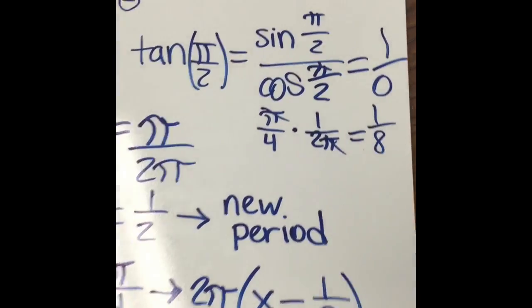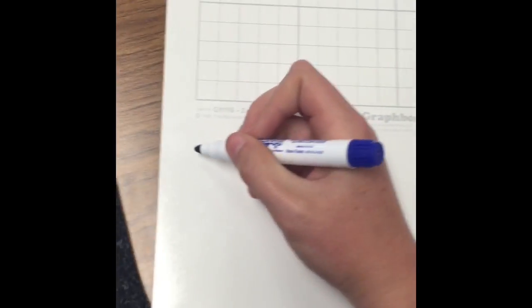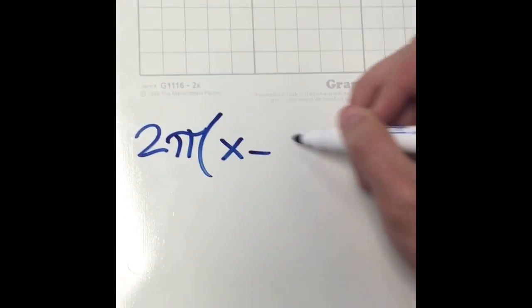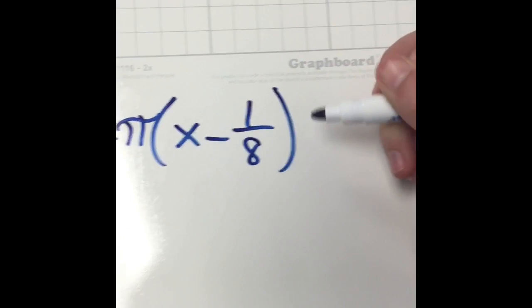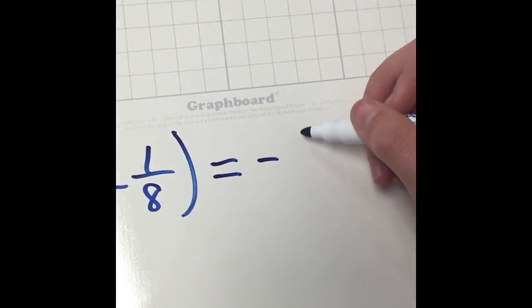Now that we've factored that out, we can set it equal to the three points, which are negative pi over 2, 0, and pi over 2. And negative pi over 2 and pi over 2 are going to be the vertical asymptotes, and 0 is going to be the x-intercept.